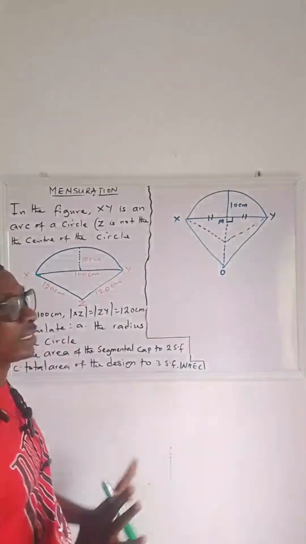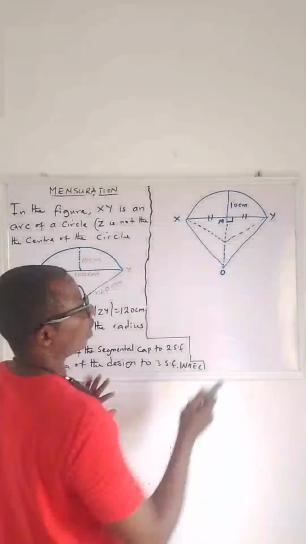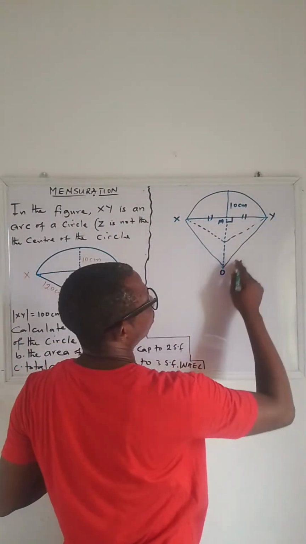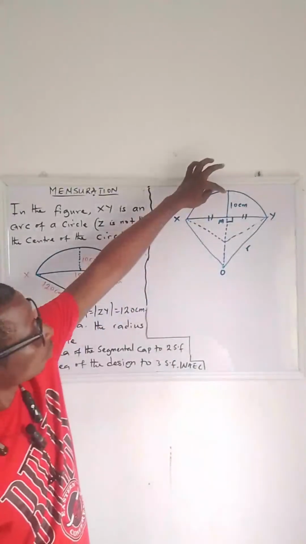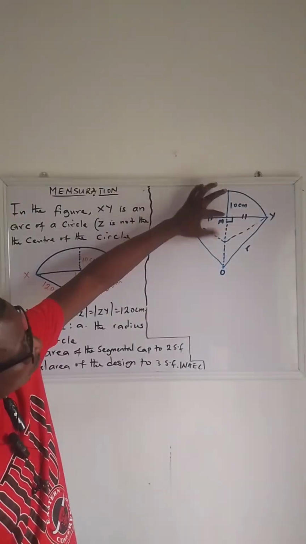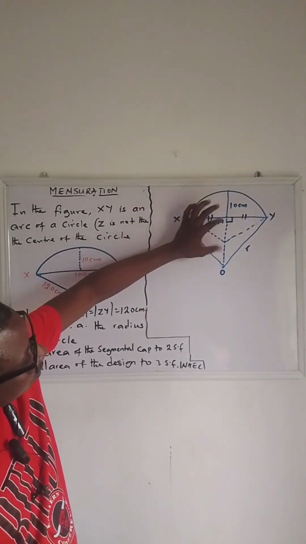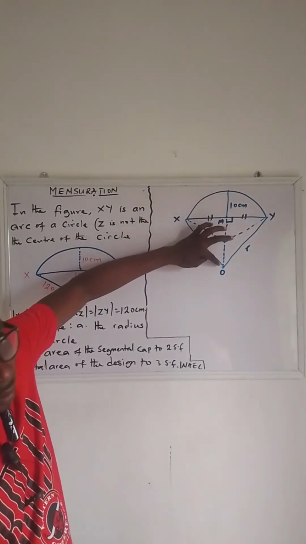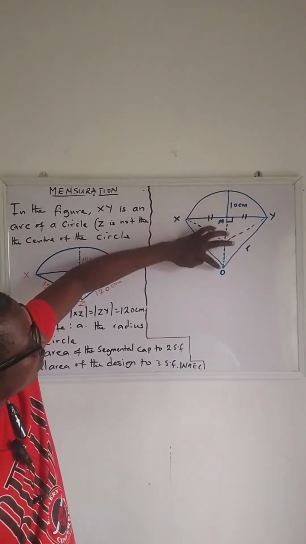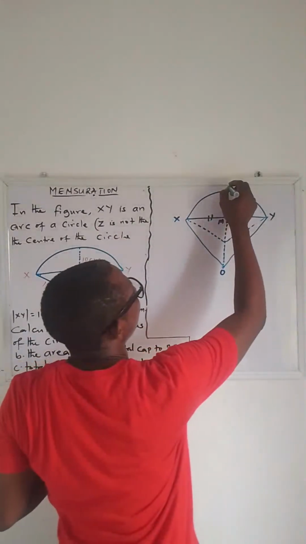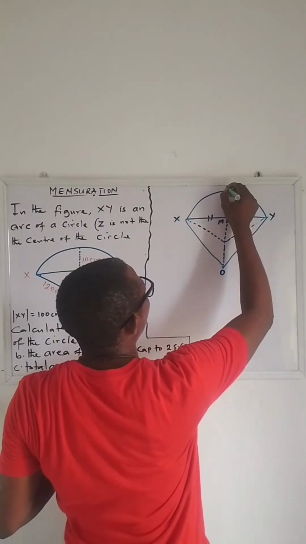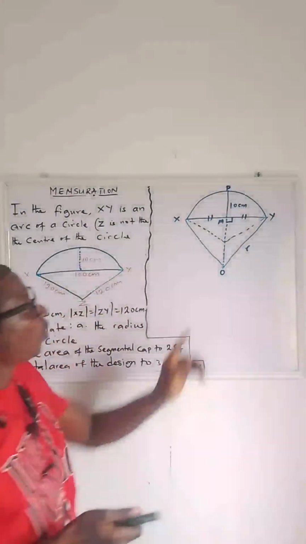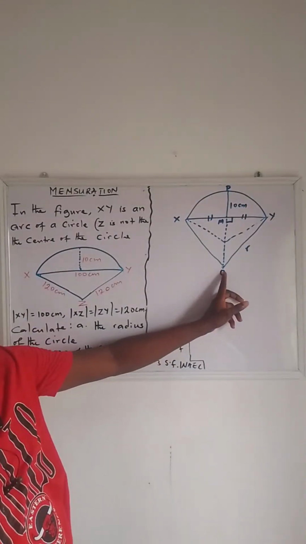So now, this is the radius, this is R, and this is also a radius. If I want to get this small portion from here to here, let me call this place P. OP is also the radius.